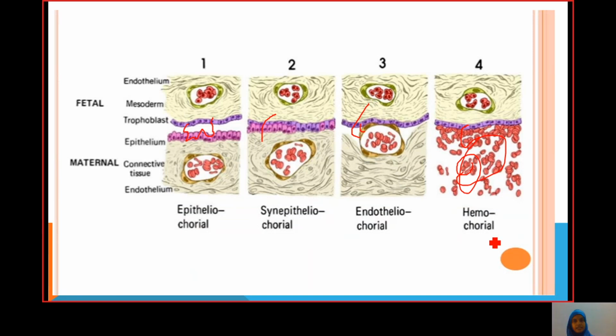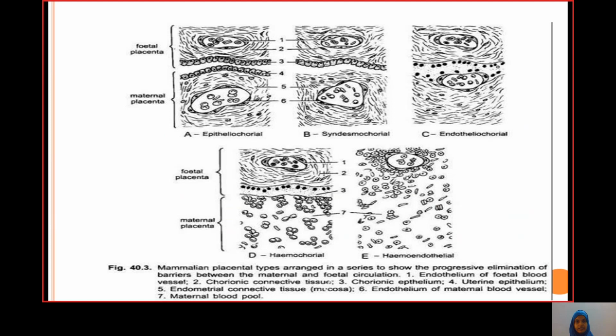Hemoendothelial placenta means the blood of the fetus is directly bathed in the blood of the uterus. In this you can see the fetal endothelial layer is directly bathed by the maternal blood vessels.